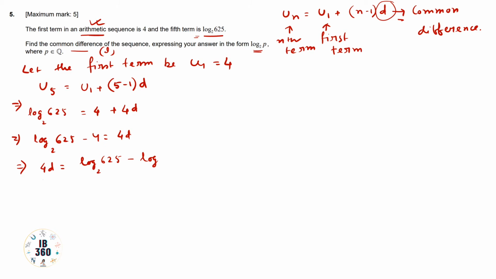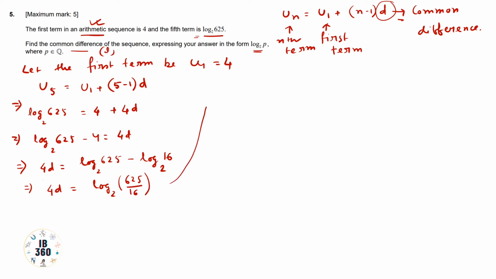In the question it is written that you have to find the common difference d in terms of logarithm. That's why we have to express 4 as a log base 2 value, so it will be log base 2 of 2 to the power 4, which is 16. So from here we are getting 4d equals log base 2 of 625 divided by 16.